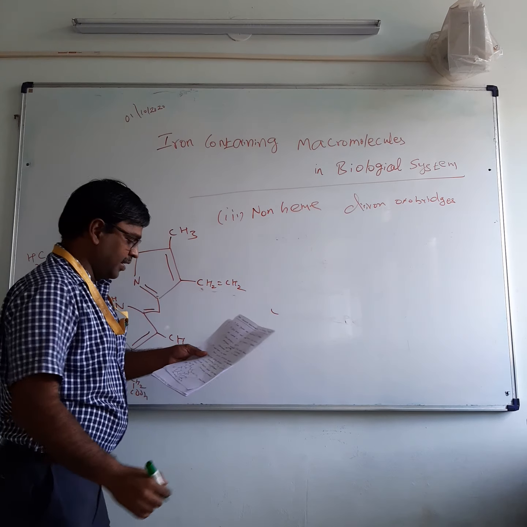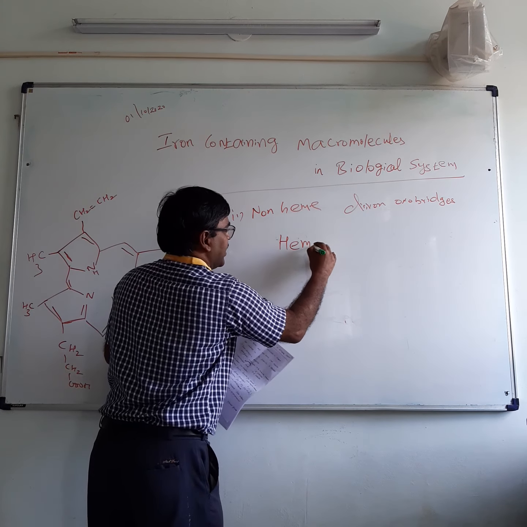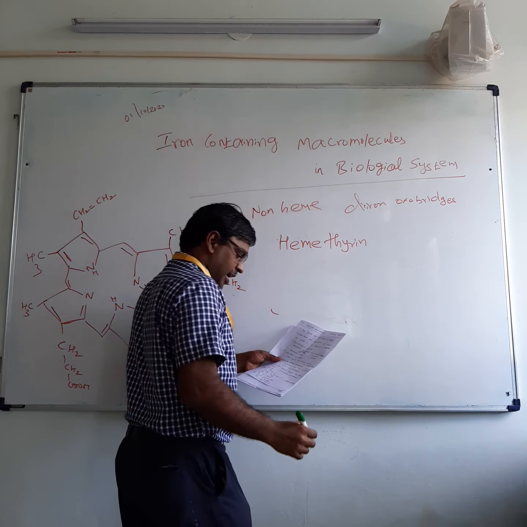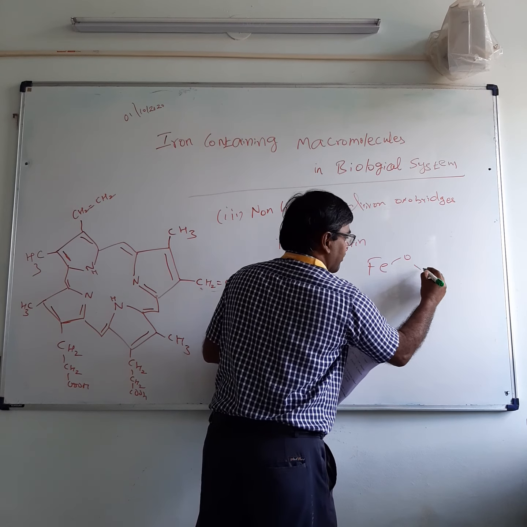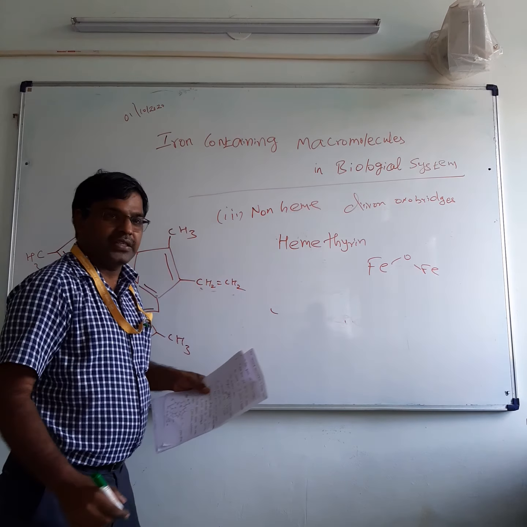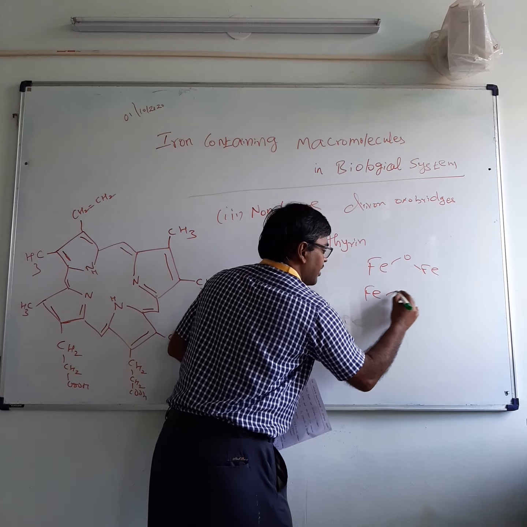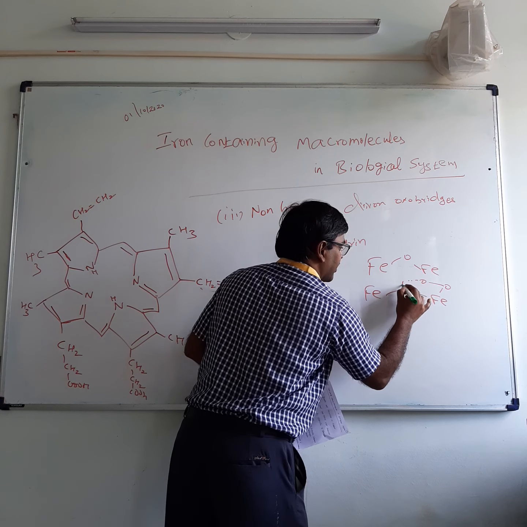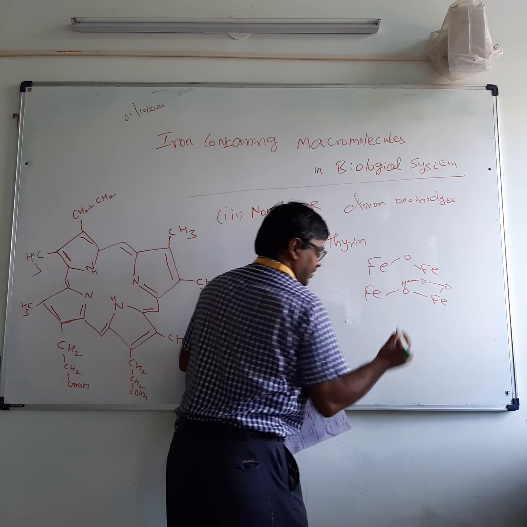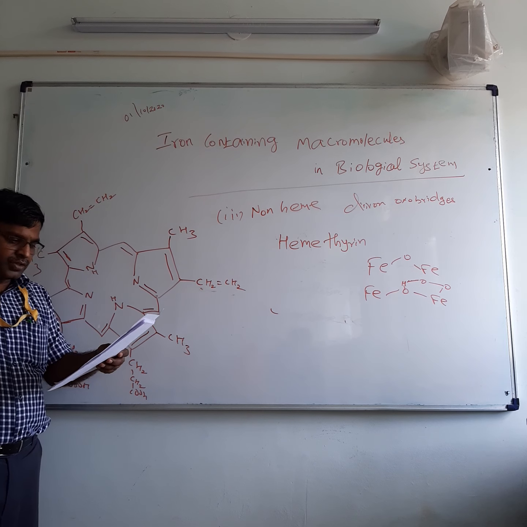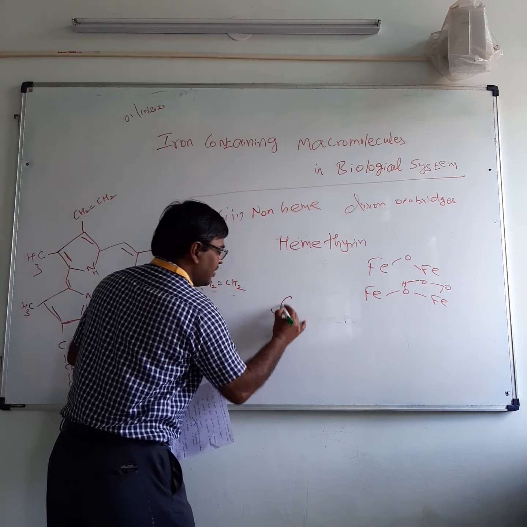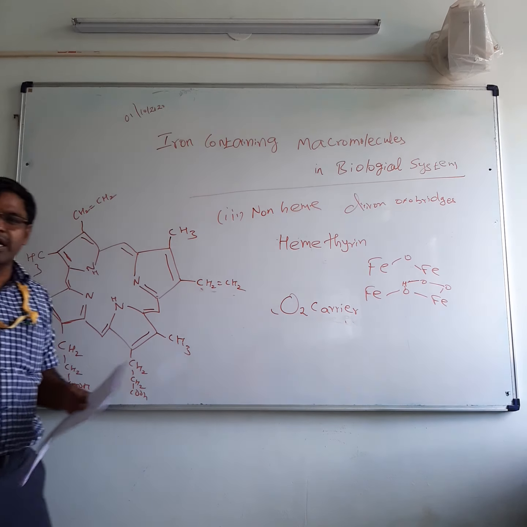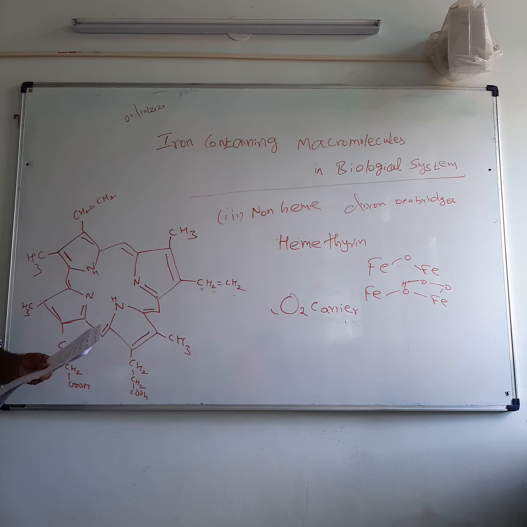An example is hemerythrin. It has bridging iron, and it also involves an Fe-O-Fe connection with hydrogen. This is also used as an oxygen carrier among the non-heme proteins, via a dioxygenase.